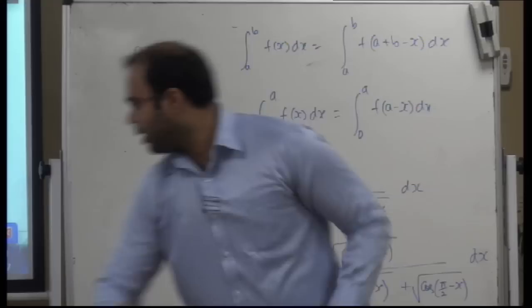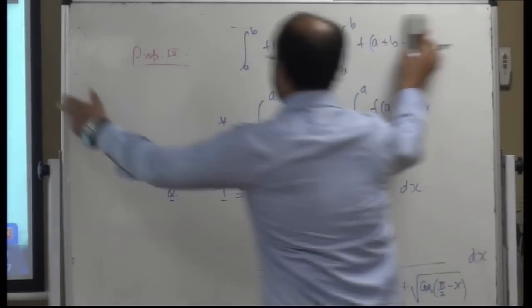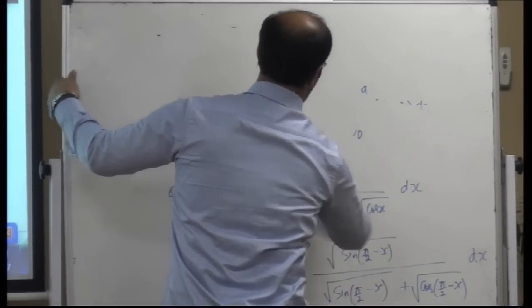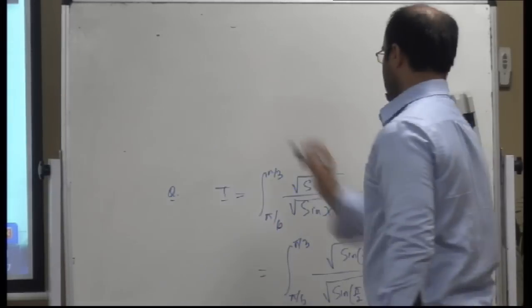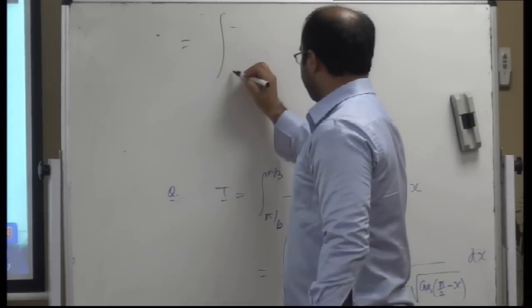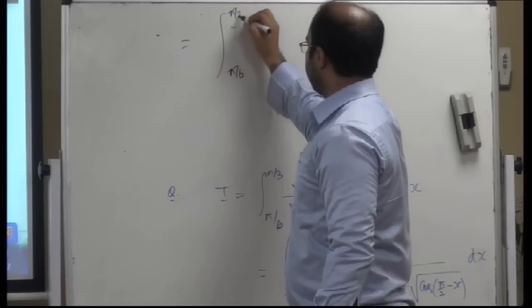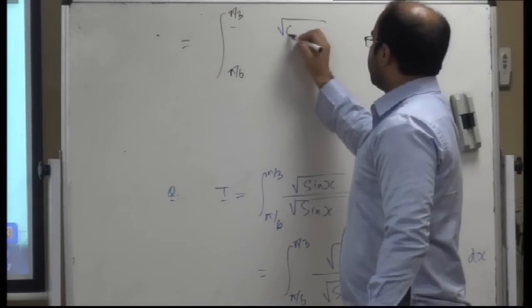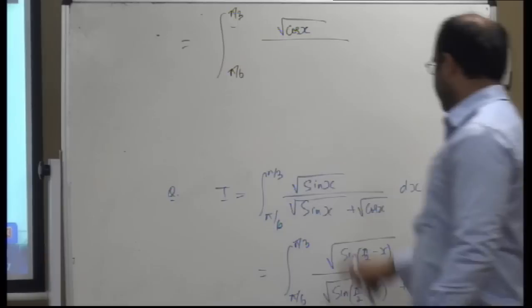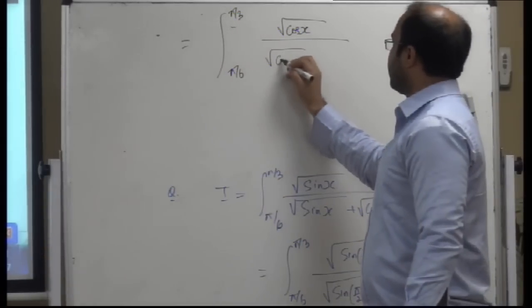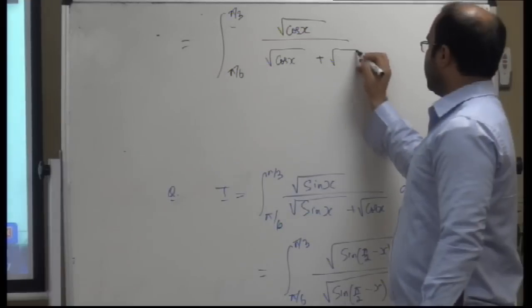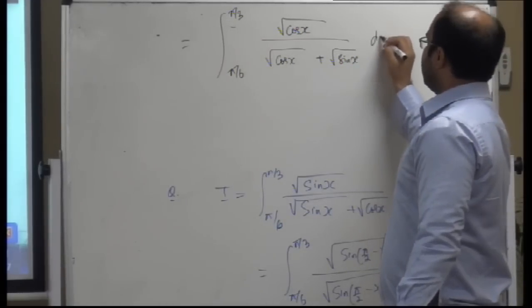Next, in the next step, this would become pi by 6 to pi by 3. Sin(90 minus x) will be cos x. So this would be root over cos x, this would become root over cos x, this would become root over sin x dx. And this is also I.